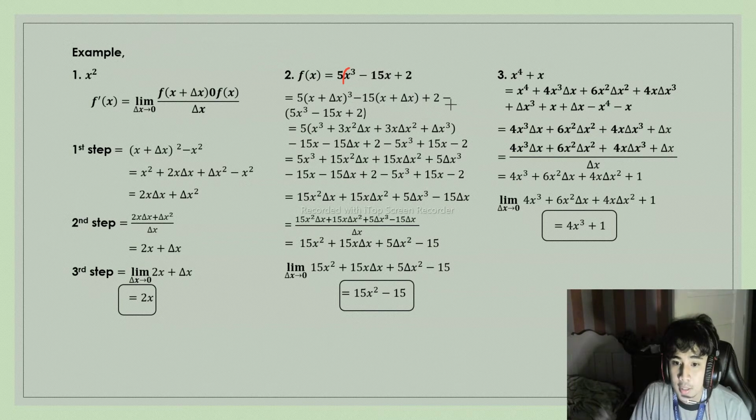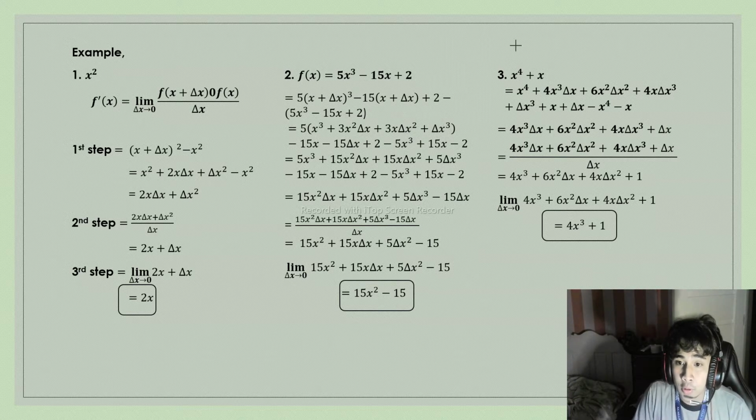Tapos, plus 2 minus yung overall na f of x, that would be 5x cubed minus 15x plus 2. So, pag na-simplify na natin yung x plus delta x cubed, that will leave us with x cubed plus 3x squared delta x plus 3x delta x squared plus delta x cubed.